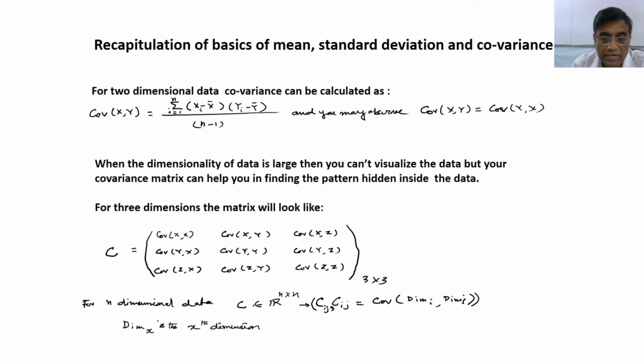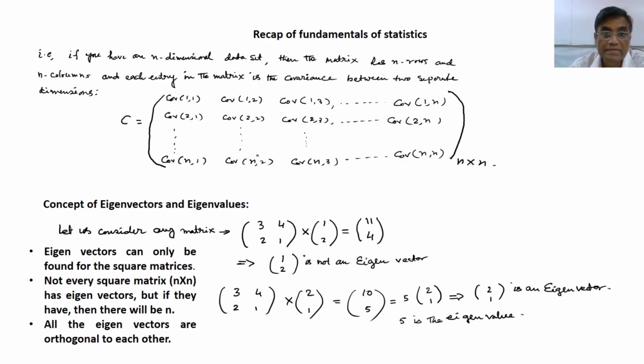For an n cross n dimensional matrix, this covariance matrix will be written like this. I have written it for your convenience. It is very simple. The first row will be the covariance between 1 and 1, between 1 and 2, between dimensions 1 and 3, up to 1 and n, and then n cross n will be the dimension of the covariance matrix.